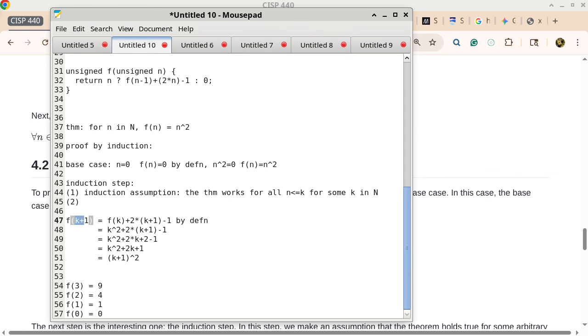Okay, if k plus 1 is 3, then this k plus 1 will also be 3. I'm not sure what you mean by plugging. I'm not sure what you are trying to plug in because you cannot plug in k equal to 3 at one part and plug in k equals to 4 in a different part.